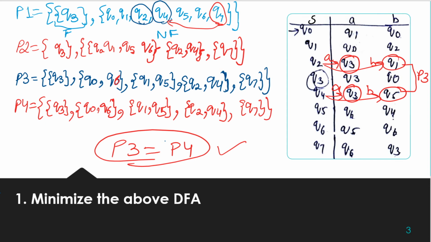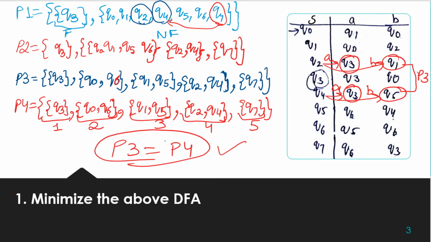Finally we get the 5 states for the minimized DFA: the second state is this, the third state is this, the fourth state is this, and the fifth state is this for the new partition, or we can say the minimized DFA. These are the final minimized states for the minimized DFA.